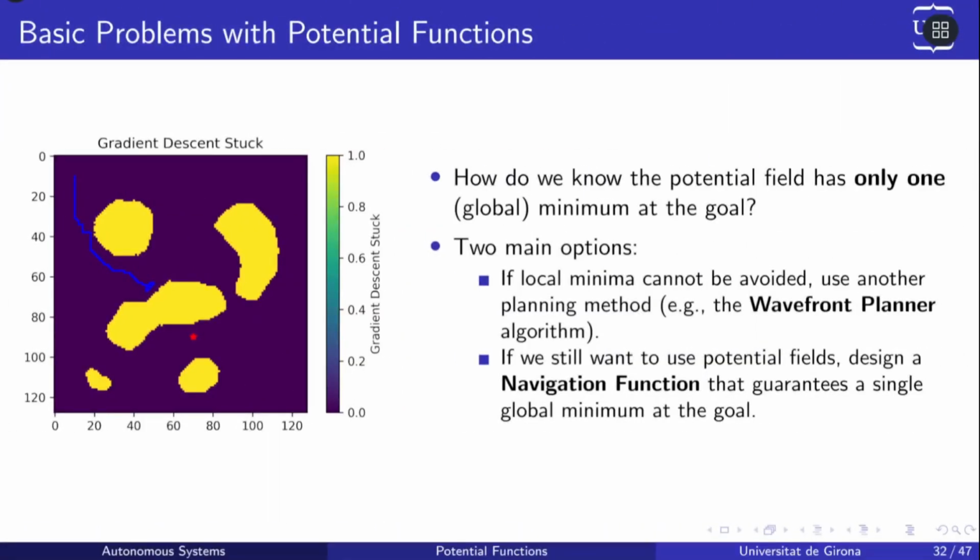There are two ways to do that. One way is, let me start from the second one, using a special set of potential functions that ensure that there is only one minimum. These functions are called navigation functions, and they are not so simple to compute.